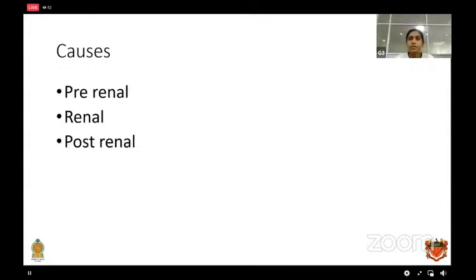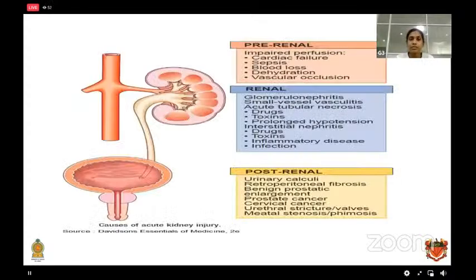It is always better to have some kind of classification. So it is classified into pre-renal, renal, and post-renal causes. Just focus on the figure, not the content. I just want to highlight that pre-renal means before the kidney.